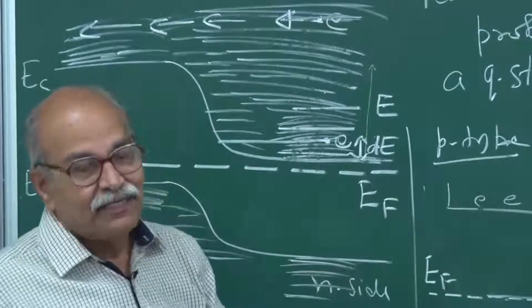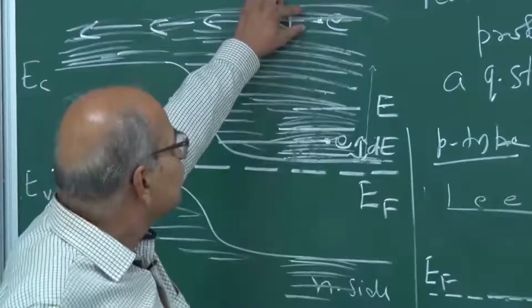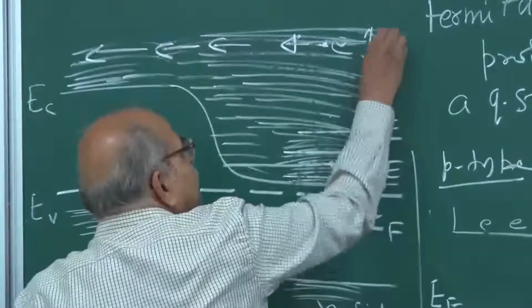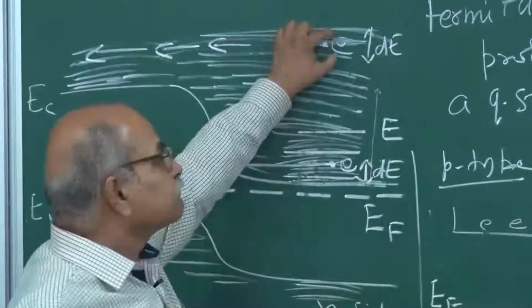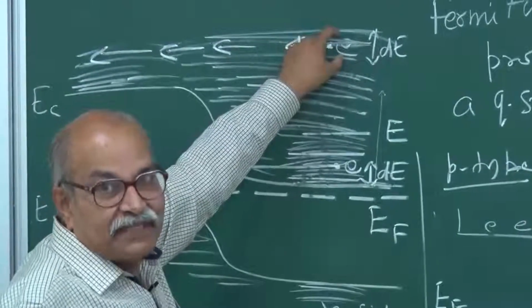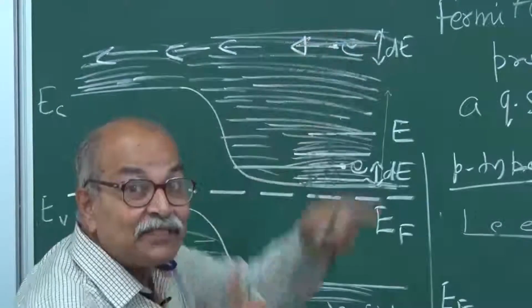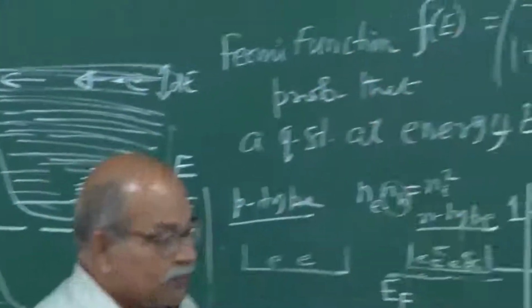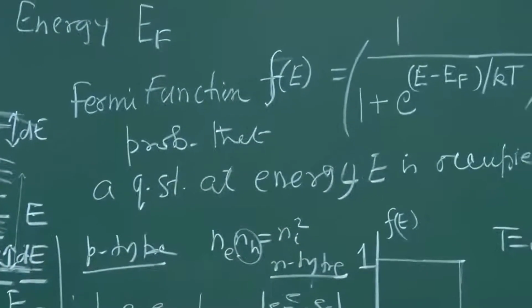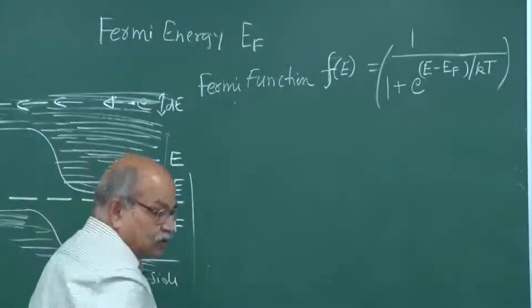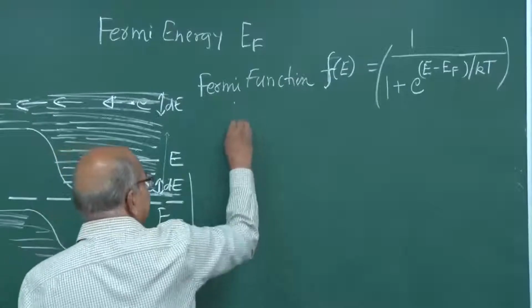Whereas if you go up here, the number of quantum states in this dE is very large compared to this, but the probability is very small. So to get the actual number, you need both things. This is the probability, and the other thing needed is called density of states.